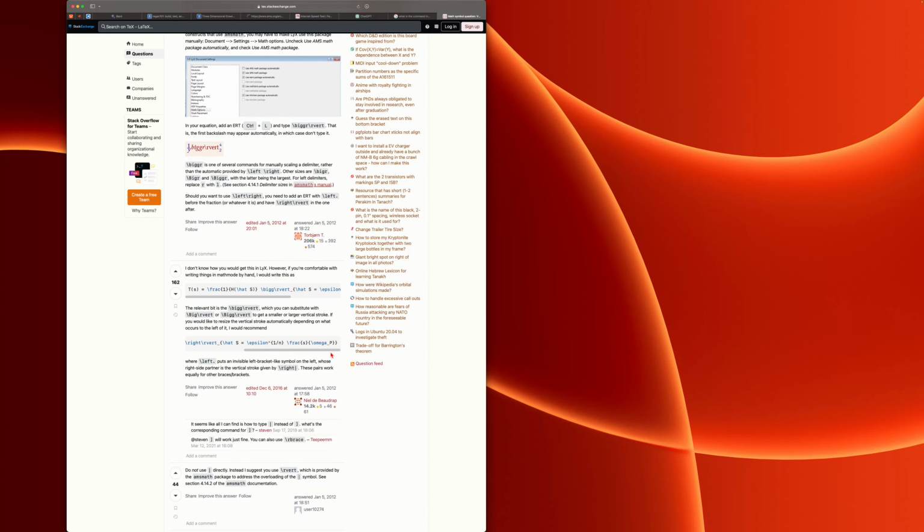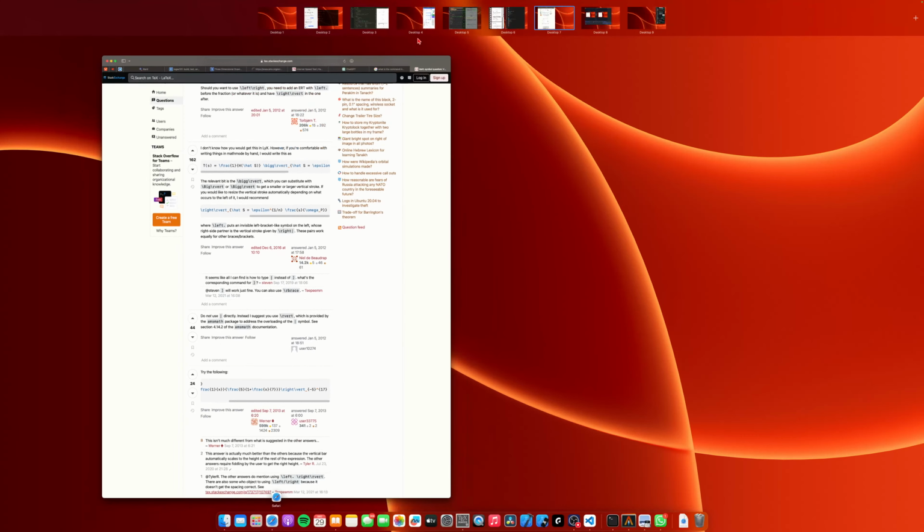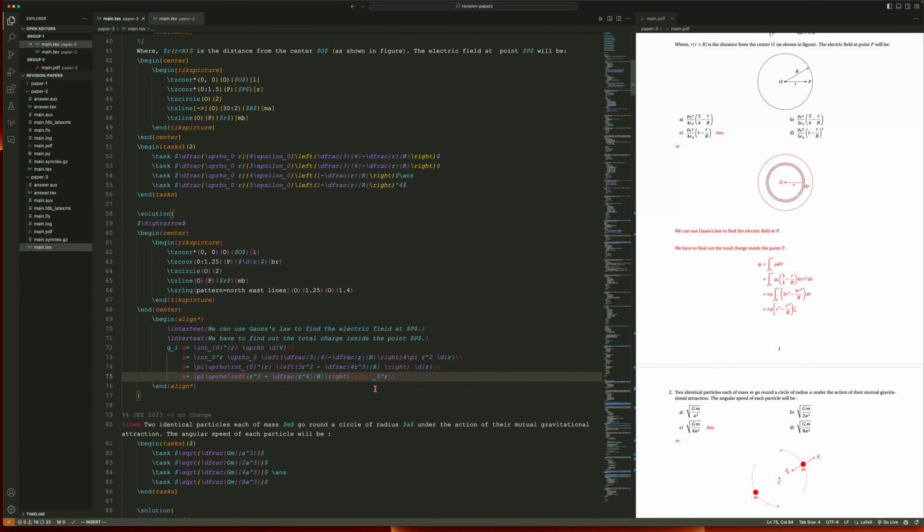I don't want to put a left vertical line, this way it will just destroy this word. Let's say right vert.